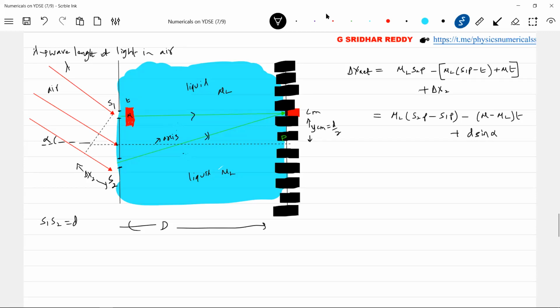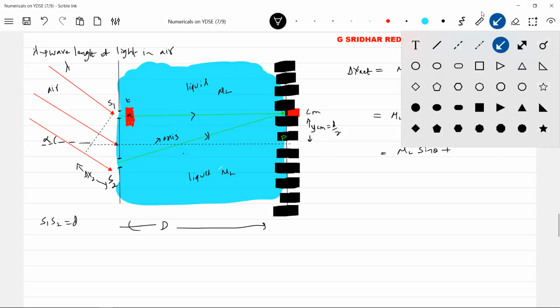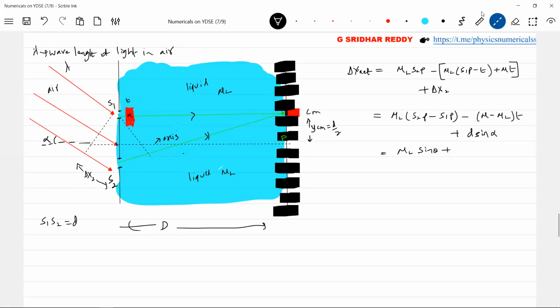This S2P minus S1P will become d sine theta. This theta, let me indicate here. Okay, some of you are asking, sir, what is theta? Let me show that this is theta, and this is our alpha, no? So mu L d sine theta.